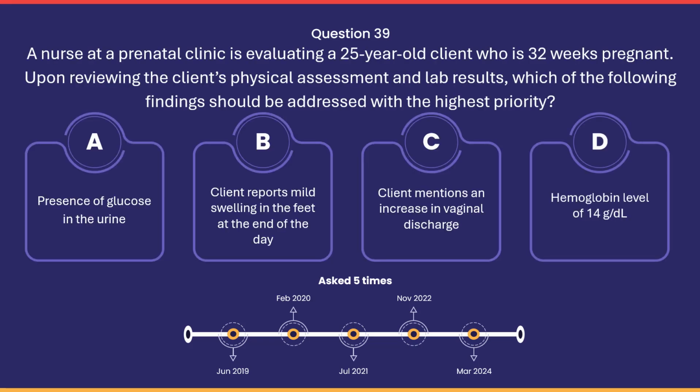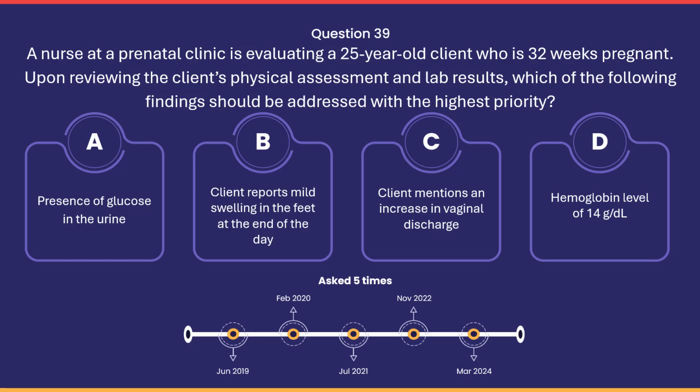This prenatal care question has been asked 5 times in the last 5 years and is an important topic for exam preparation. A nurse at a prenatal clinic is evaluating a 25-year-old client who is 32 weeks pregnant. Upon reviewing the client's physical assessment and lab results, which of the following findings should be addressed with the highest priority?